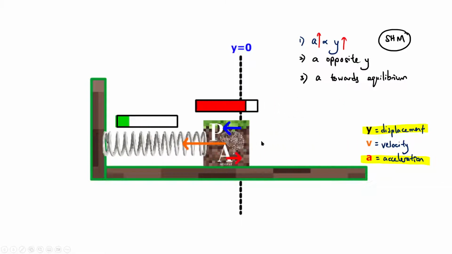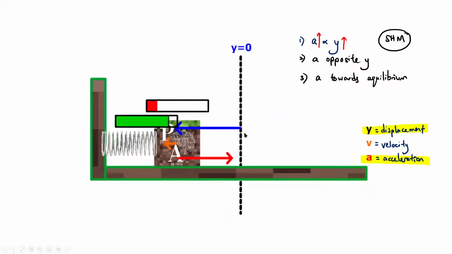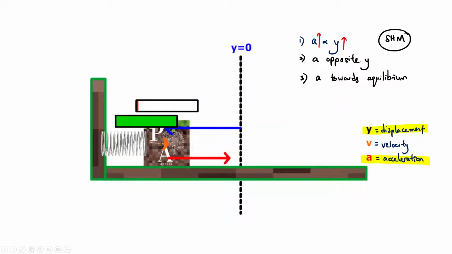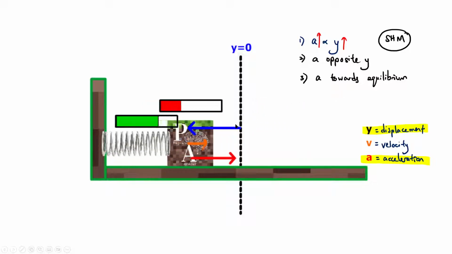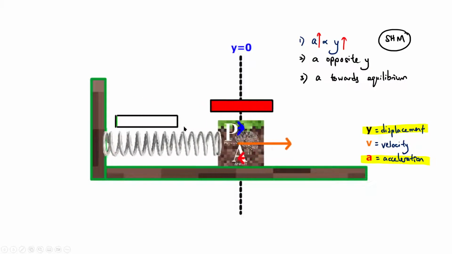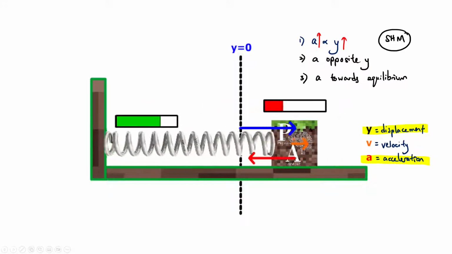Okay, but some of you may ask, why is it displacement must be to the right and then to the left? This one needs to be explained deeper. This is the meaning of displacement. Let me put it as y.